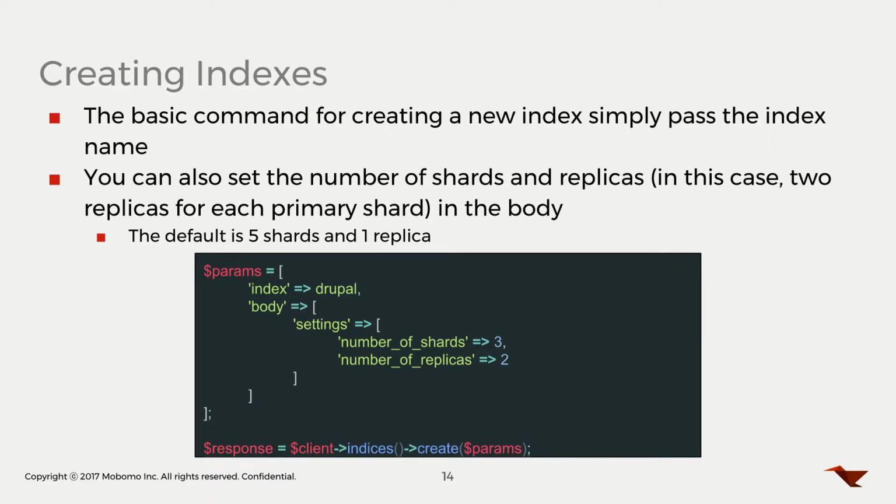And then replicas actually are your failover devices primarily. You don't have to define either of them. If you don't define either of them, it'll default to 5 shards and 1 replica. And then at the bottom, you have a fairly simple interface. It's just client, whatever client is. What I didn't show you is instantiating Elasticsearch as client. Then you pass it indices and create, and it'll make your new index for you.